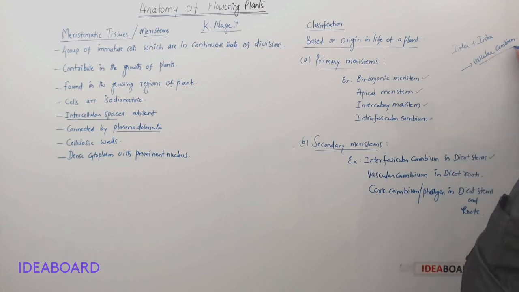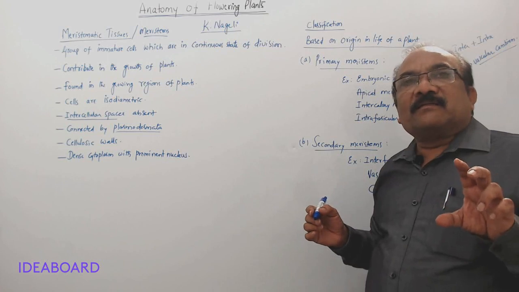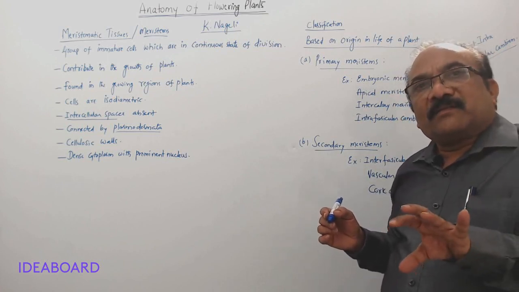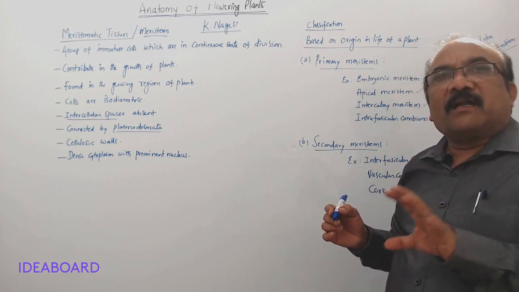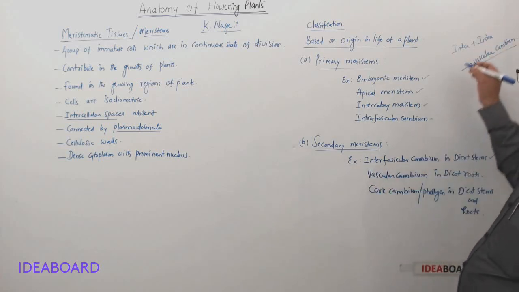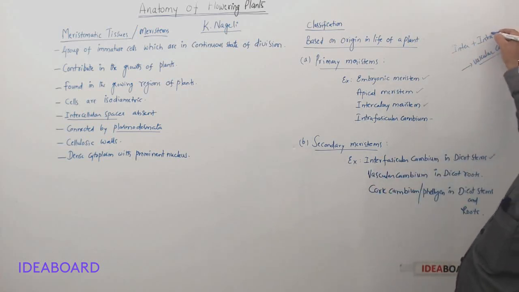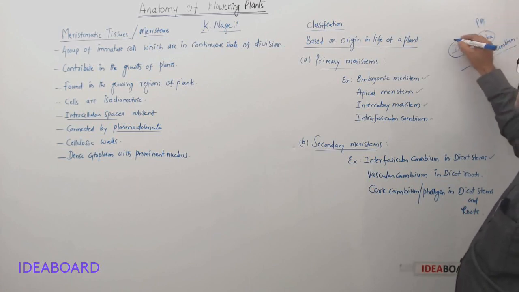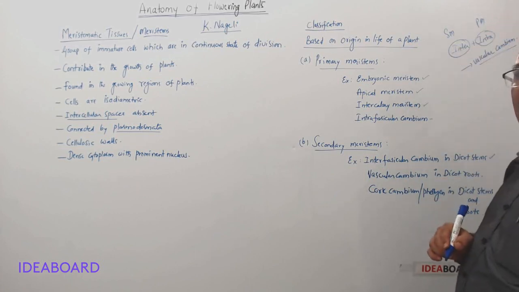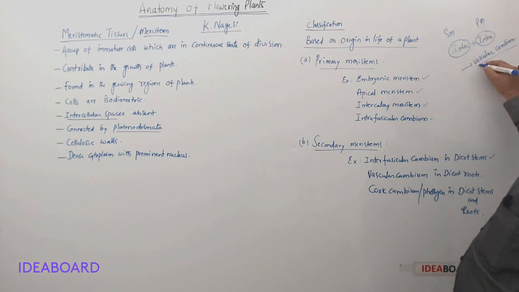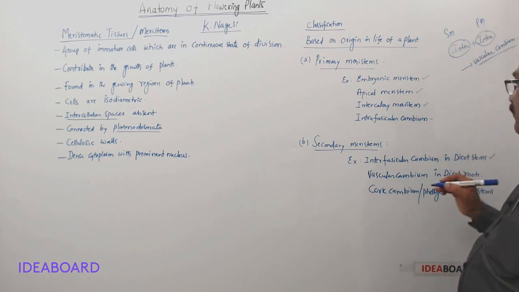Now, don't forget the vascular cambium in dicot stems is not purely primary or purely secondary. It is partly primary and partly secondary. I hope you are understanding the point. Why? Because the intra is the primary meristem and inter is the secondary meristem, and both of them together make the vascular cambium in dicot stem.